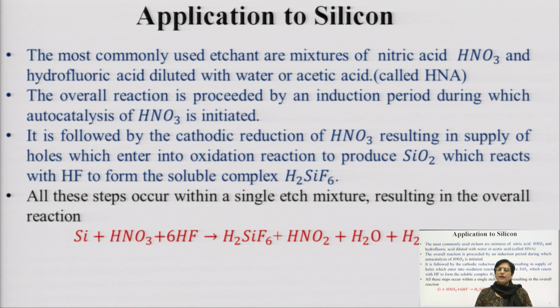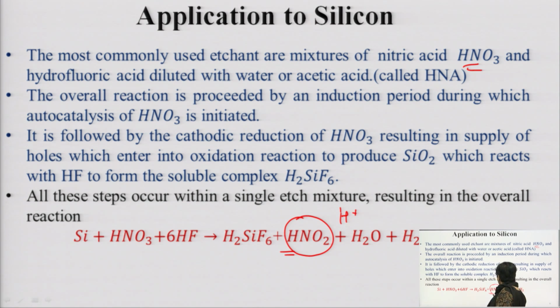The overall reaction, we have an anodic reaction here, and we basically need holes for creating or activating the reaction. You have something known as an autocatalytic reaction, in which this byproduct, which is automatically getting created and is a part of your HNO3, is giving you holes which are essential for the reaction.